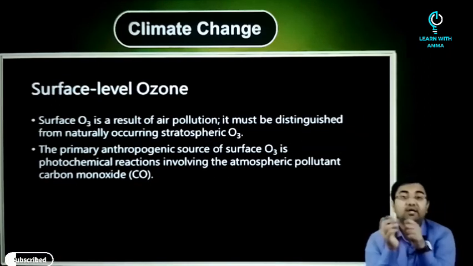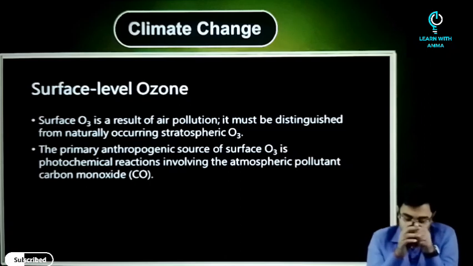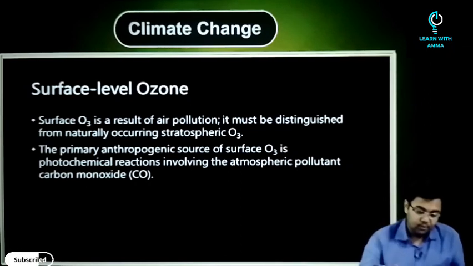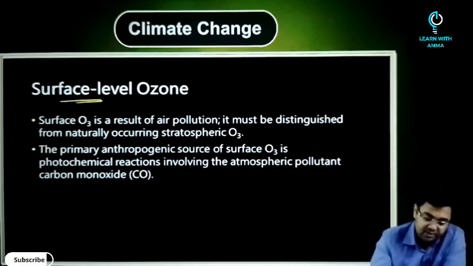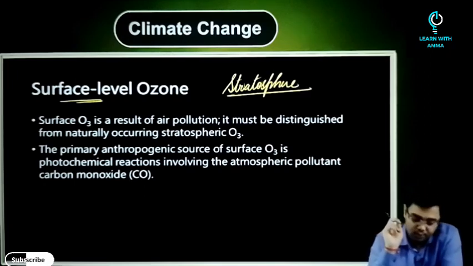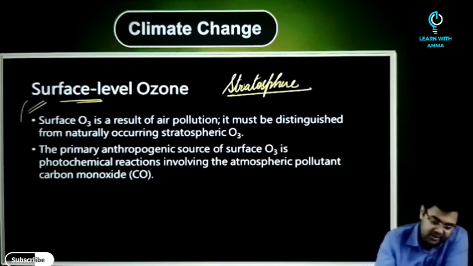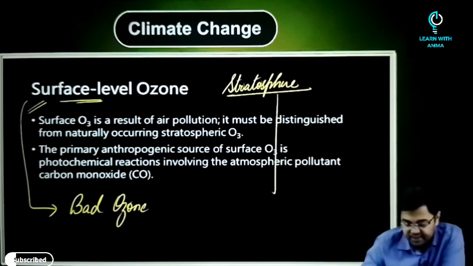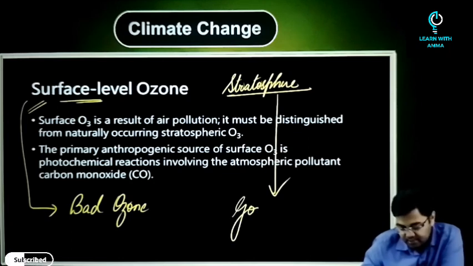Then, after that, we have surface level ozone. Now, just understand that there are two kinds of ozone that we talk about. One which is at the surface, and the other which is in the stratosphere. So there is a difference between the two. The one which is at the surface is also called bad ozone many a times, and the one in the atmosphere is called good ozone.